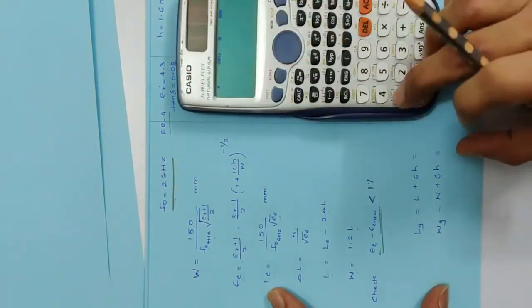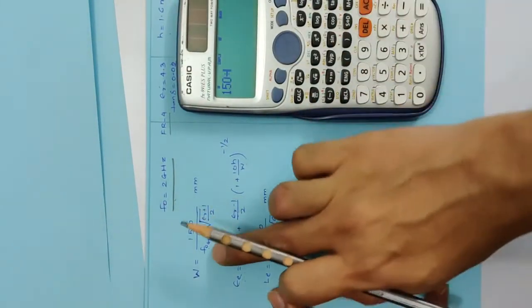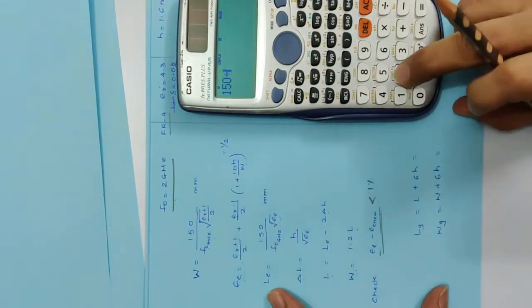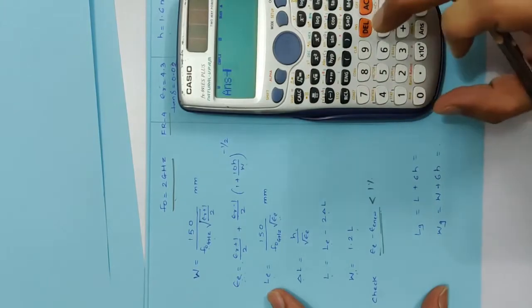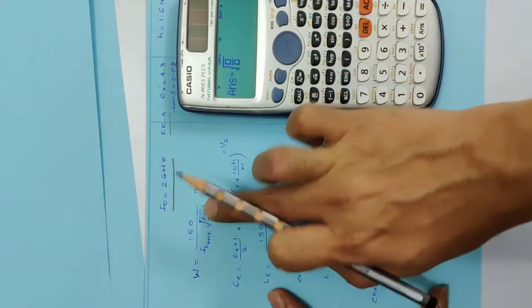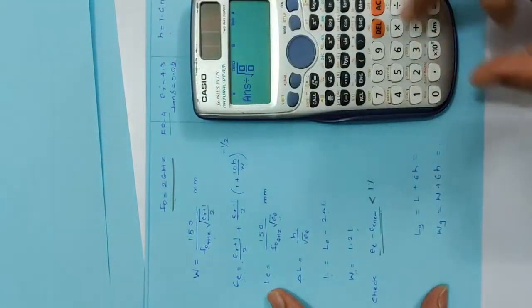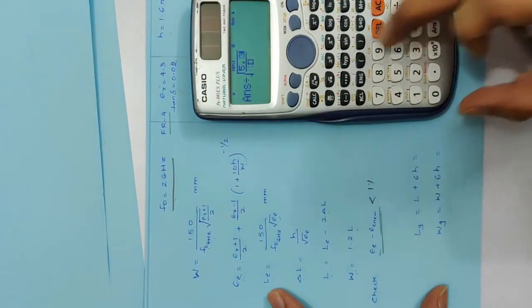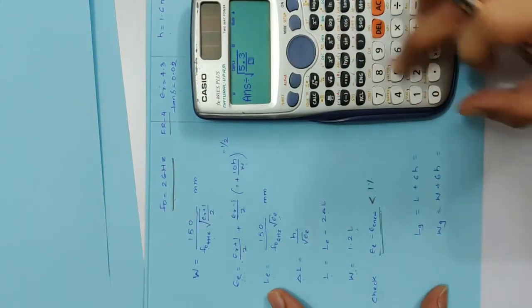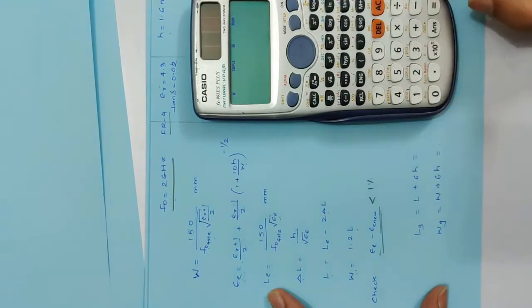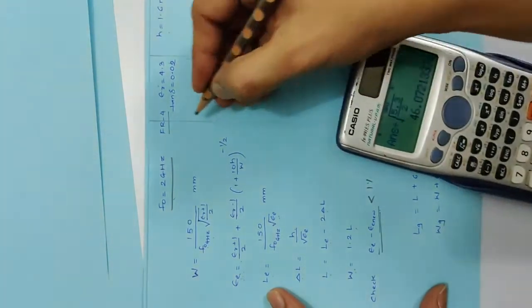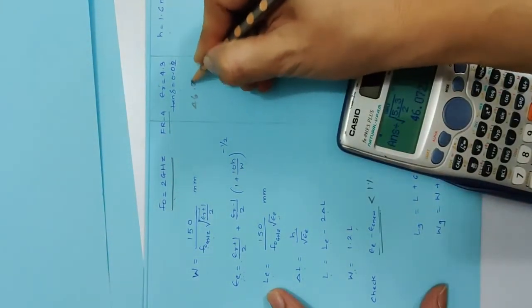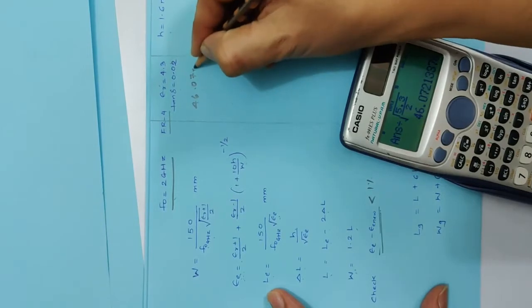It will be 150 divided by, now F is in gigahertz, so I will be substituting 2, divided by the square root of epsilon r plus 1, so it will be 5.3 divided by 2, and we'll be getting this answer. So it is coming around to be 46.07 mm. So writing over here iteration 1, 46.07 mm.